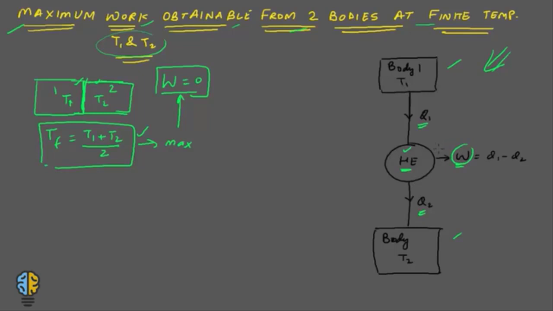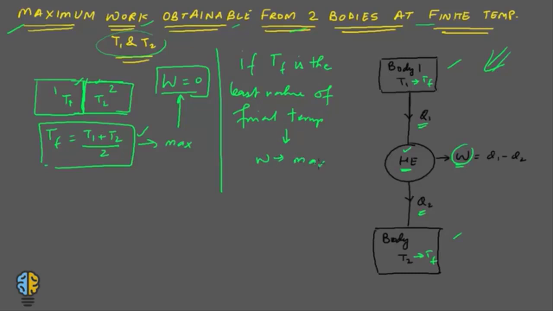Now if the final temperature that is attained, that is T1 approaches TF and T2 also approaches TF, if TF is the least value of final temperature, this means that the work that is obtained would be the maximum amount of work, isn't it?